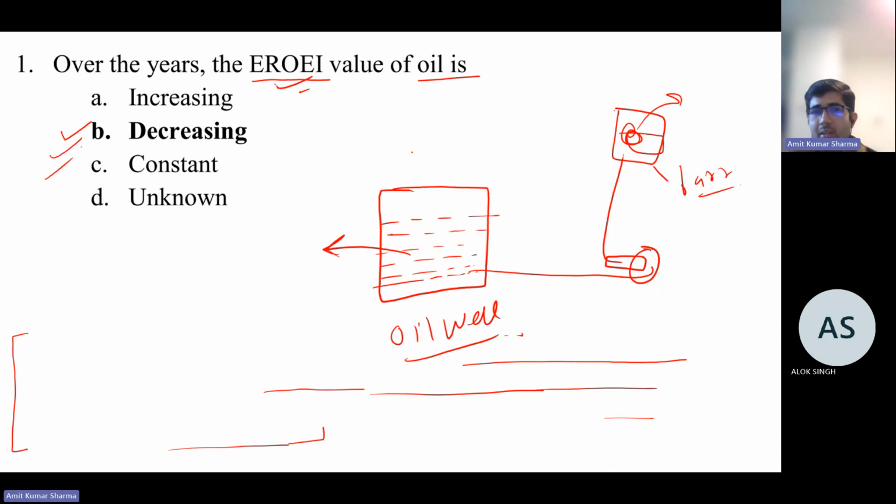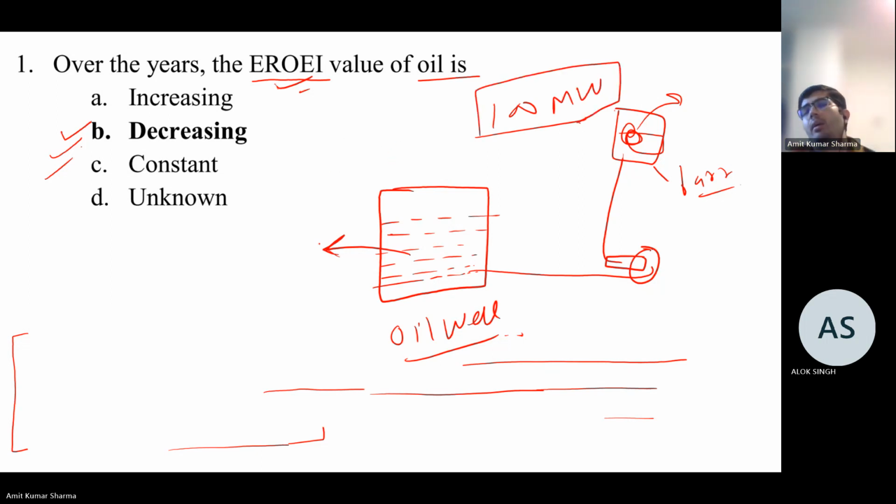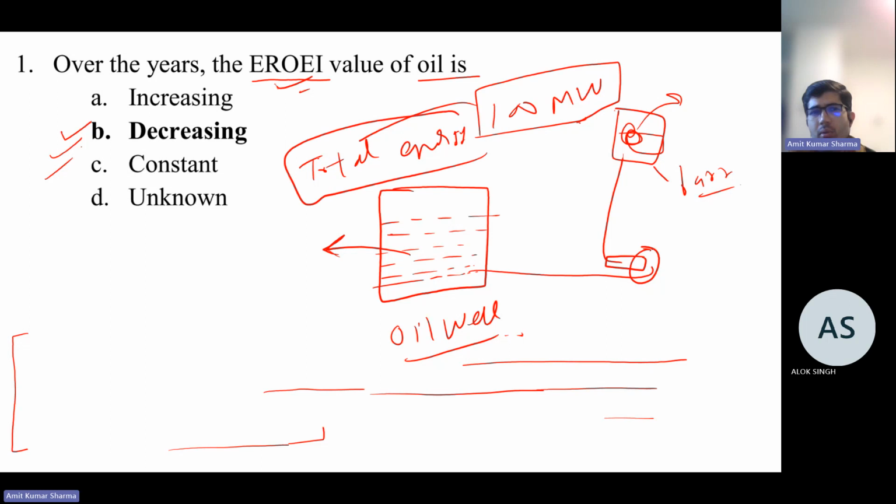Suppose these barrels have some energy, like 100. They can generate 100 megawatt power. So this power is the total energy.